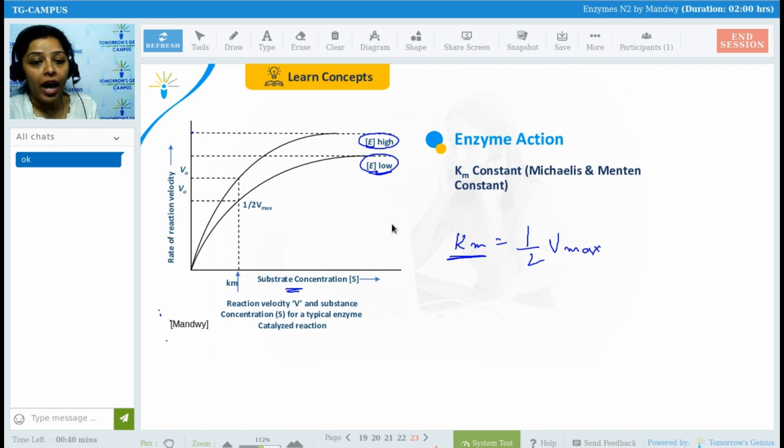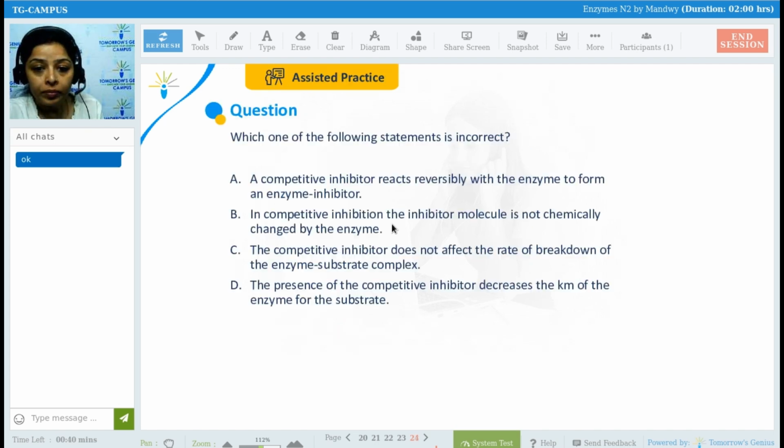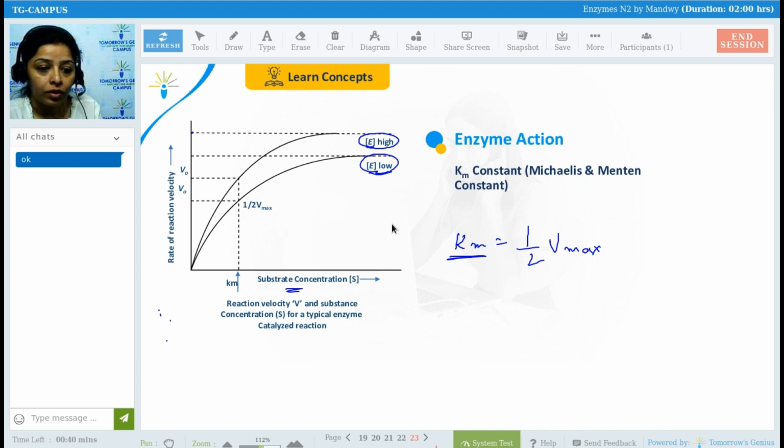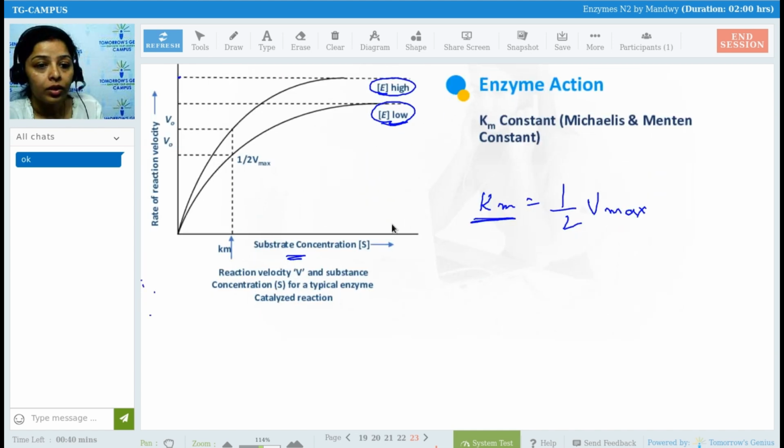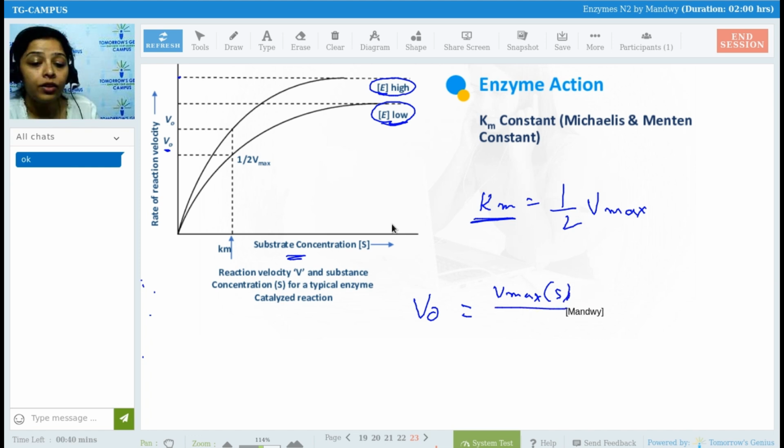So can we say that V naught is equal to V max of the substrate divided by Km constant plus substrate.